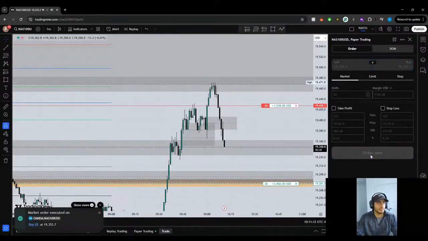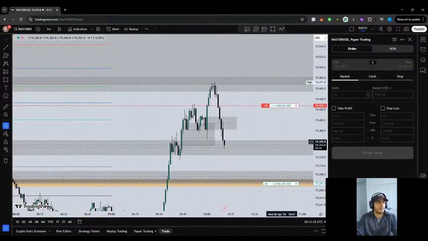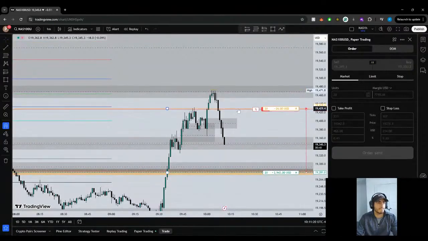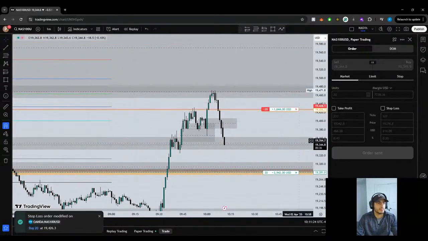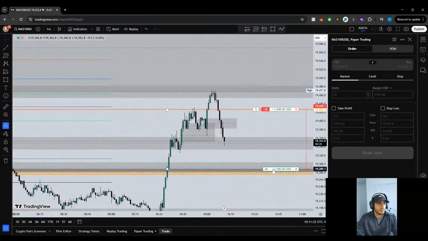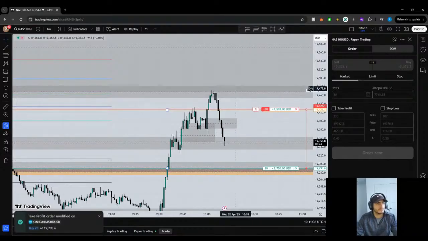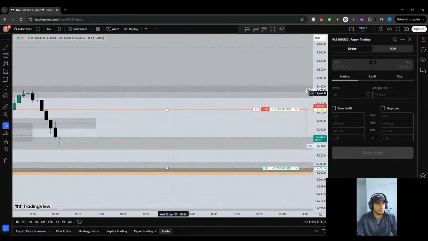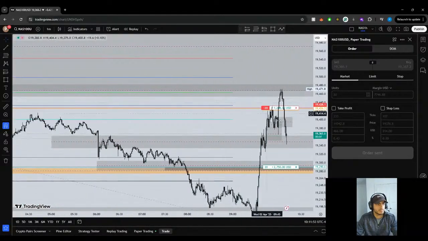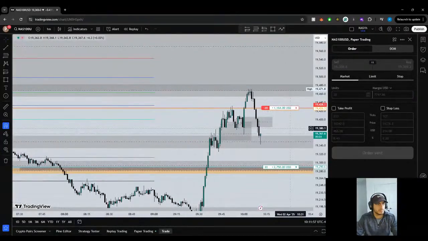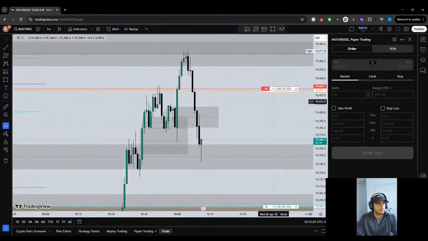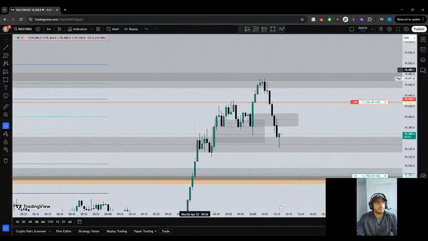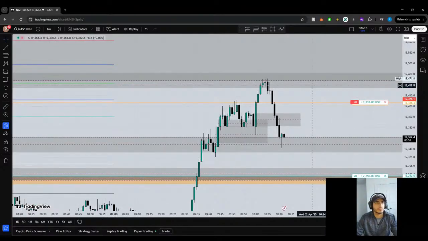So I'm going to take half off here. Perfect. Half off here. And now I'm going to bring my stop loss to break even, with a take profit at the first presented fair value gap. I'll raise this just a little bit right here. 70%, which is good market structure, continue a little bit lower.